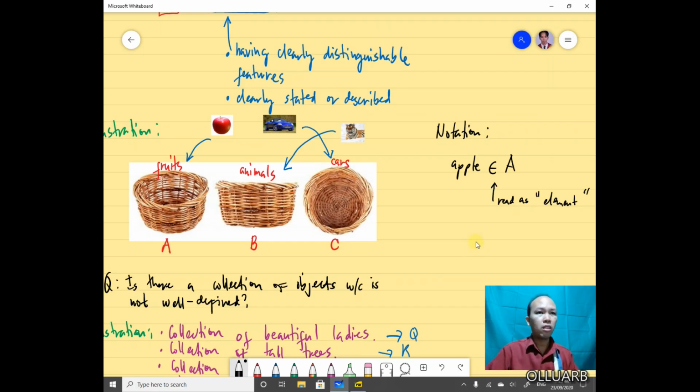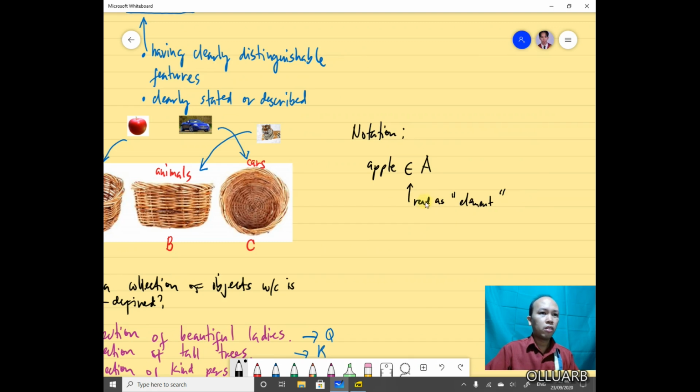I will explain that later on. So this notation is read as element.